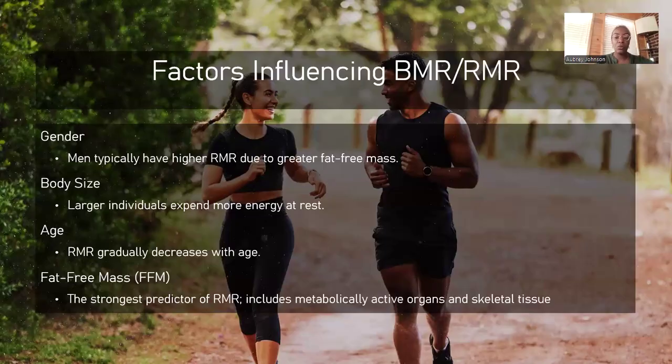And then finally, while this wasn't talked about in the equations or at any point during this presentation, fat-free mass is the strongest predictor of resting metabolic rate, which simply takes out fat from the equation and includes metabolically active organs and skeletal tissue. Again, this also plays into men having higher resting metabolic rate due to greater fat-free mass.